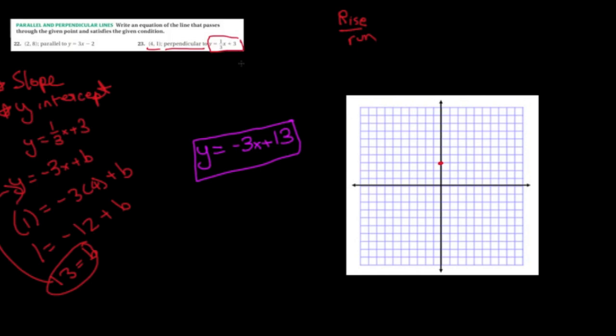So since our slope is 1/3, now we clearly know that we're gonna go up 1 and 3 across. So up 1, and 1, 2, 3, and we can just stop there, and we're gonna put a line through those points.